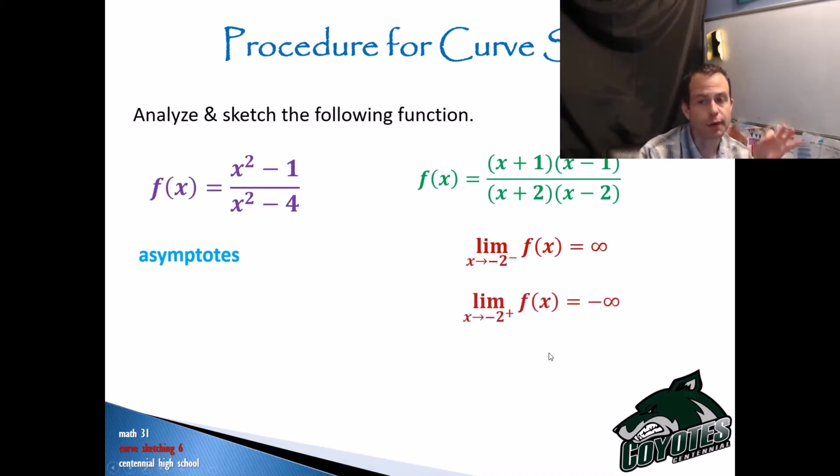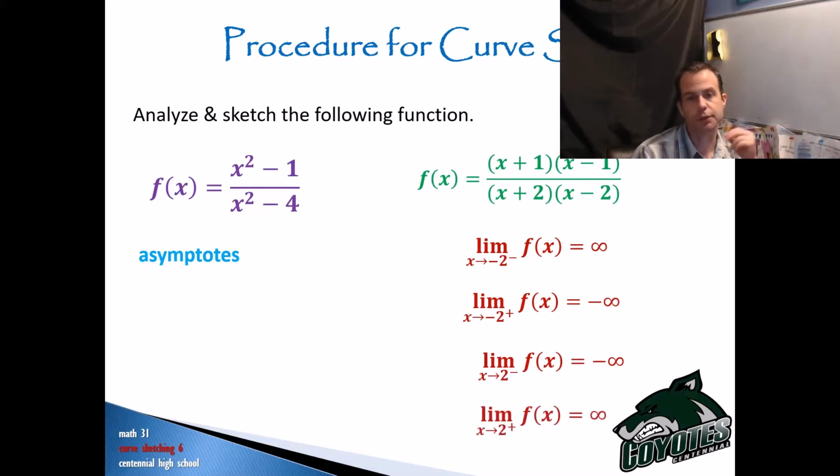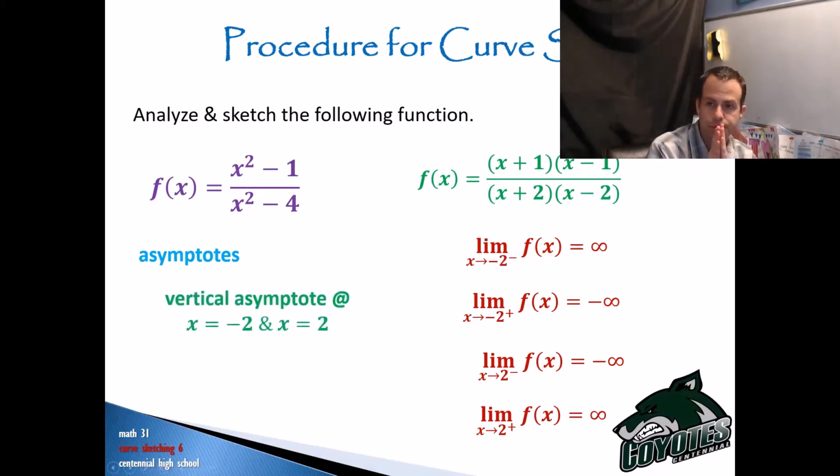The limit to the right of negative 2 is negative infinity. So yes, I have a vertical asymptote there. The limit to the left of positive 2 is negative infinity, and the limit to the right of positive 2 is positive infinity. So again, I have a vertical asymptote there as well. So I have vertical asymptotes at x equals negative 2 and x equals 2.